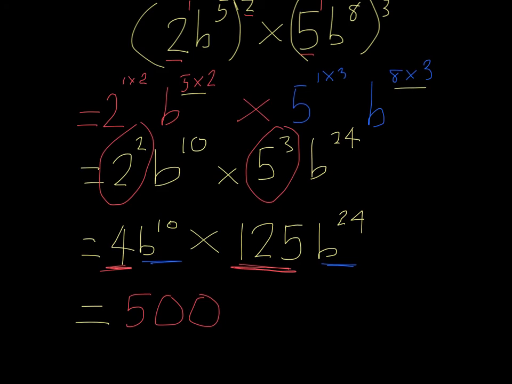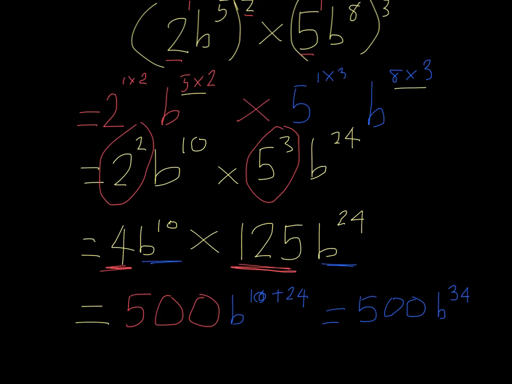We can add the indices when we're multiplying. So it's going to be b to the power of 10 plus 24. Sorry, that 10 looks like a 16. Definitely 10. Which we know is then going to be equal to 500 b to the power of 34.